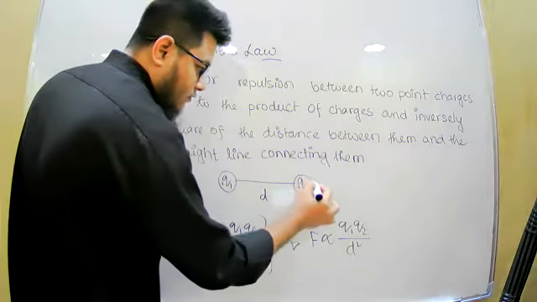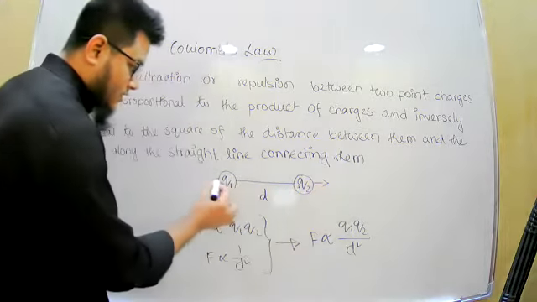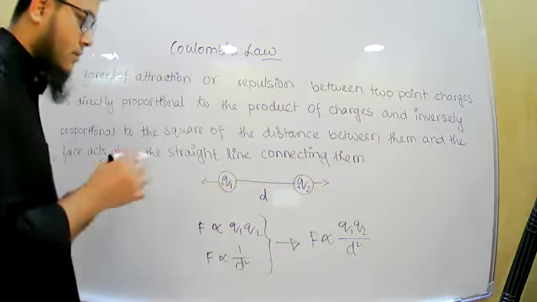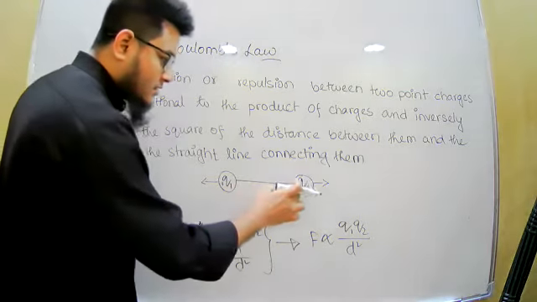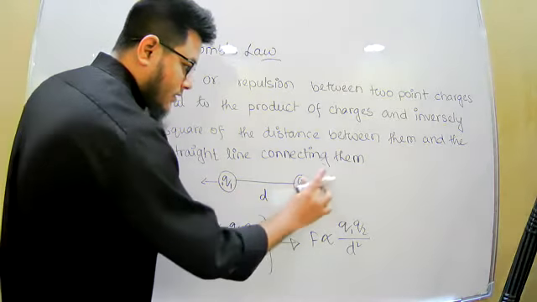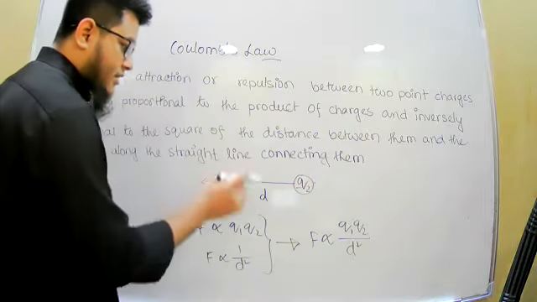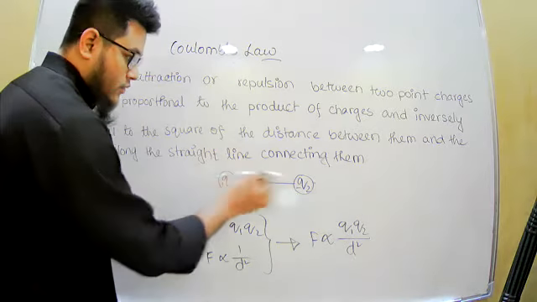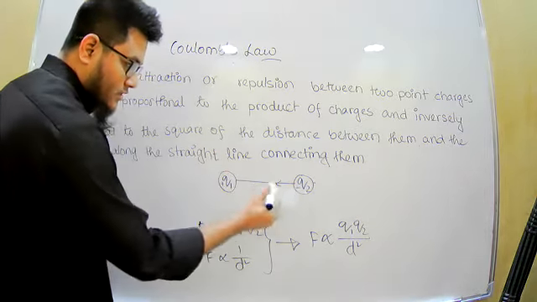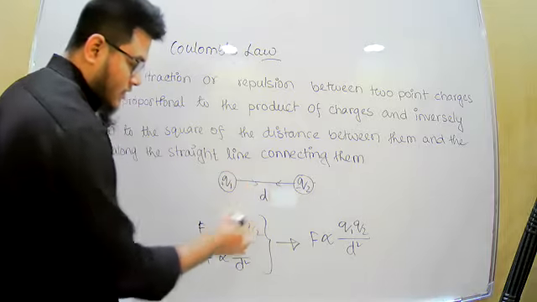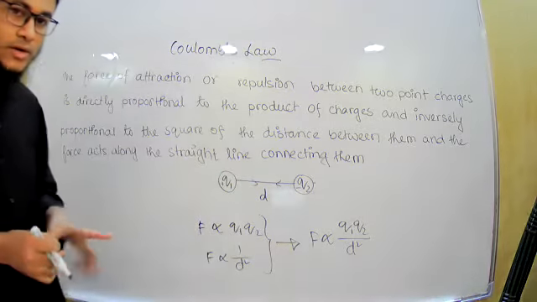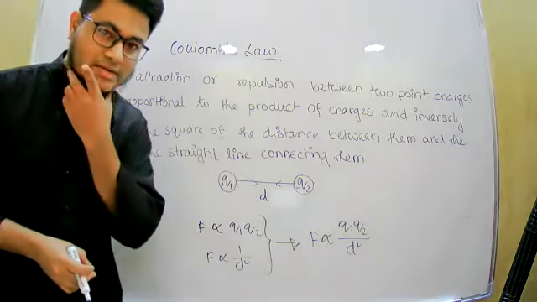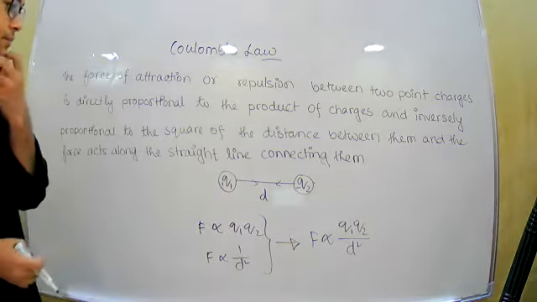This one will exert a force on this one in this direction and this one will exert a force in this direction. But what if one of them is negative, okay? Then what will happen? The force will be attraction force, okay? This one will attract this one to this direction. This one will also attract to that direction. So that is why I did not put any direction initially, so that I can explain later.